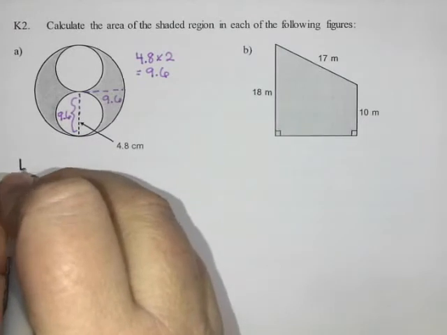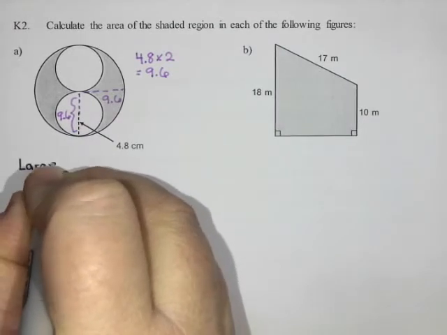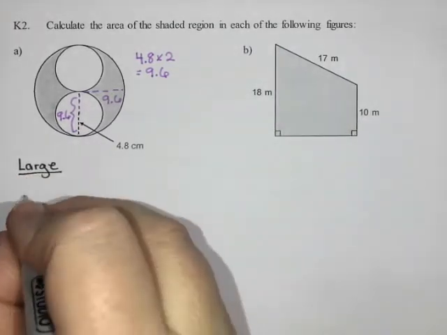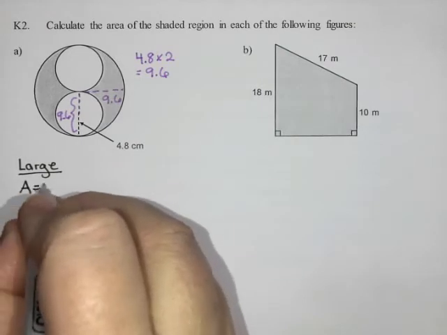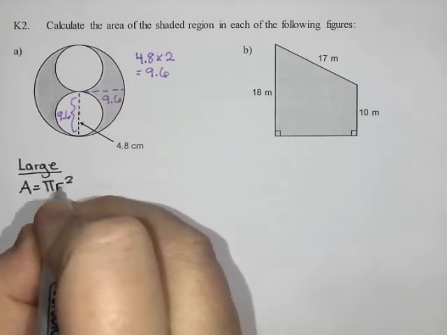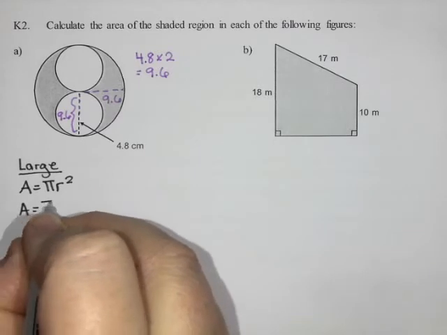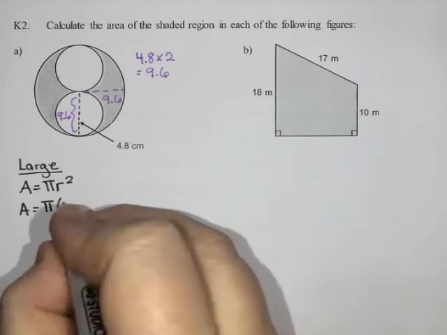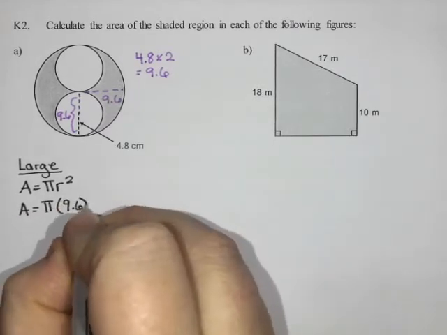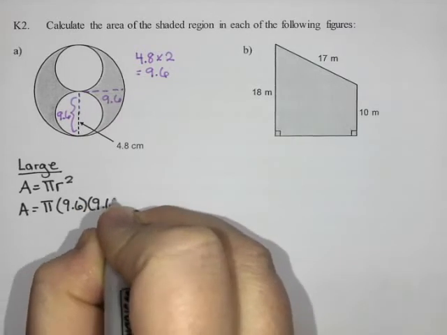So I'm going to do the large one first. The area of a circle is pi r squared. So the radius of the large circle we said was 9.6. I'm going to multiply that by itself to square it.